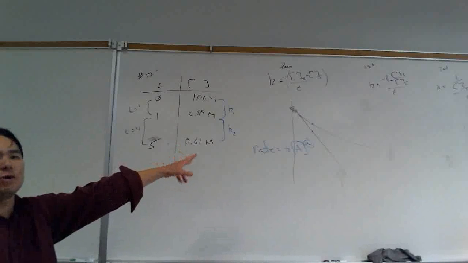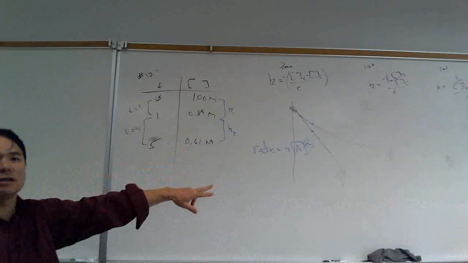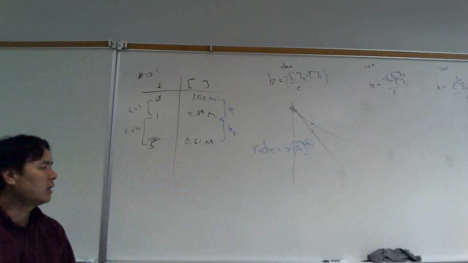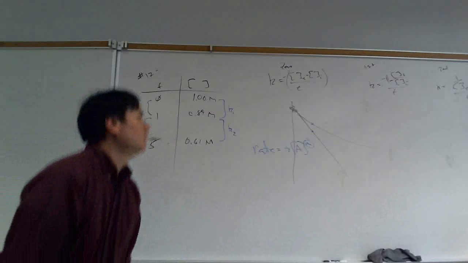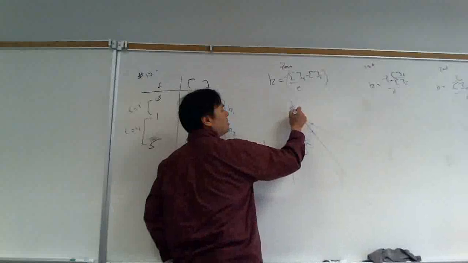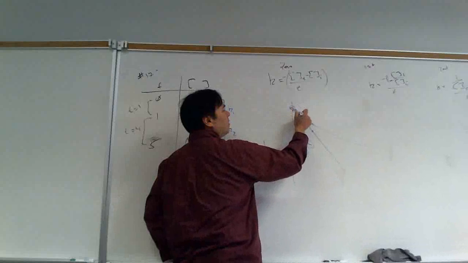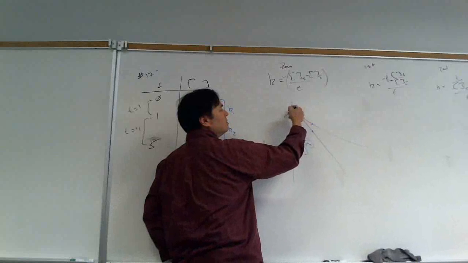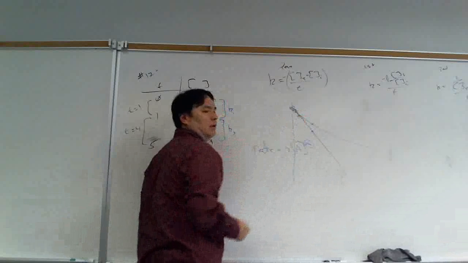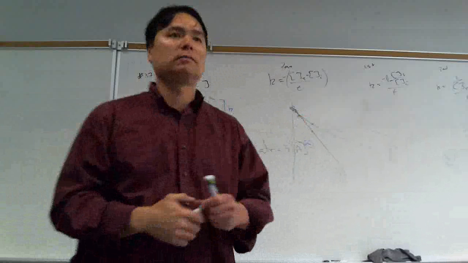You just take K1 plus K2 to get K average. The reason why we do the average is because there could be slight experimental fluctuations. So it's better to take the average of the two slopes rather than just one of the slopes, to minimize random error.